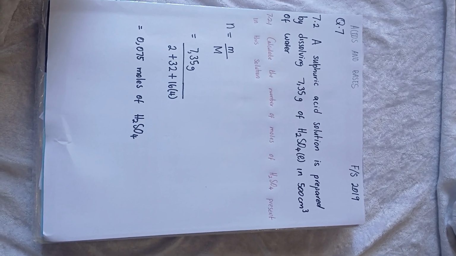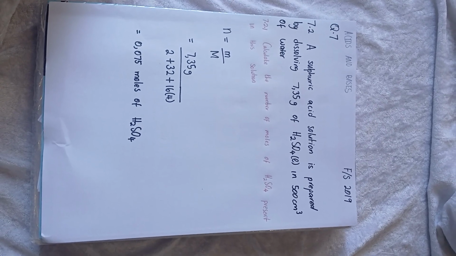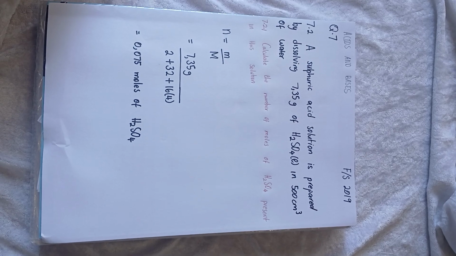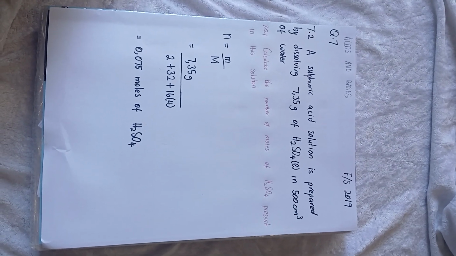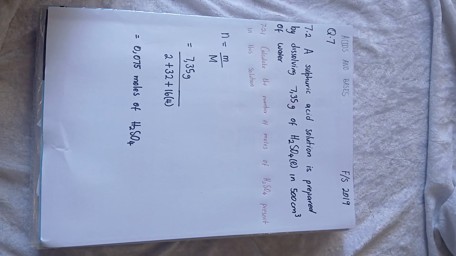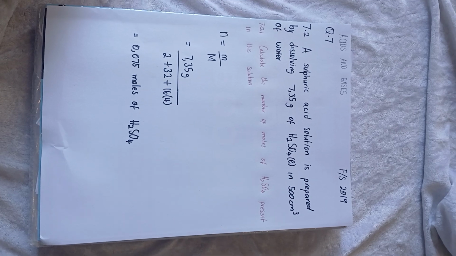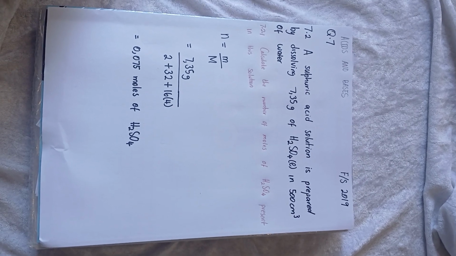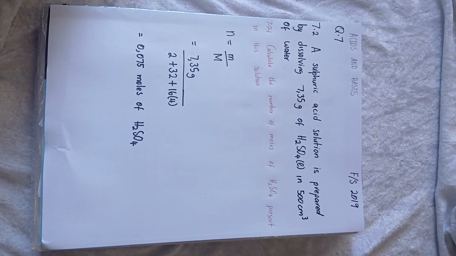So they're saying that sulfuric acid is being made by dissolving a certain number of grams of something into something. That's what I mentioned before, that a solution is basically one where you have to mix two things, a certain substance and a certain substance, but at the end of the day, you need to receive a liquid.